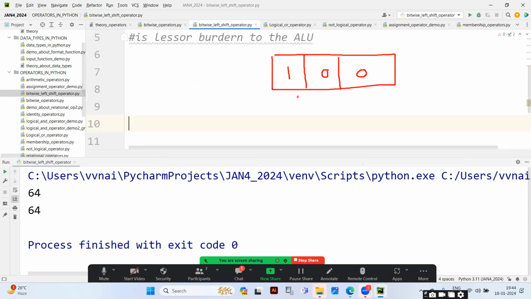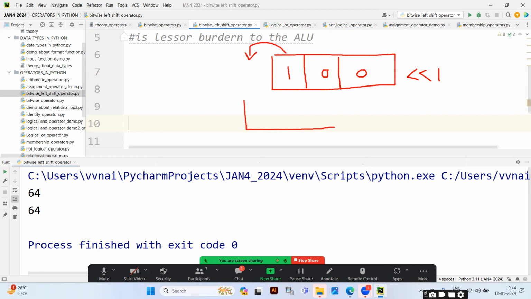So I am performing the left shift operation one time, which means each value is going to be shifted to the next position.